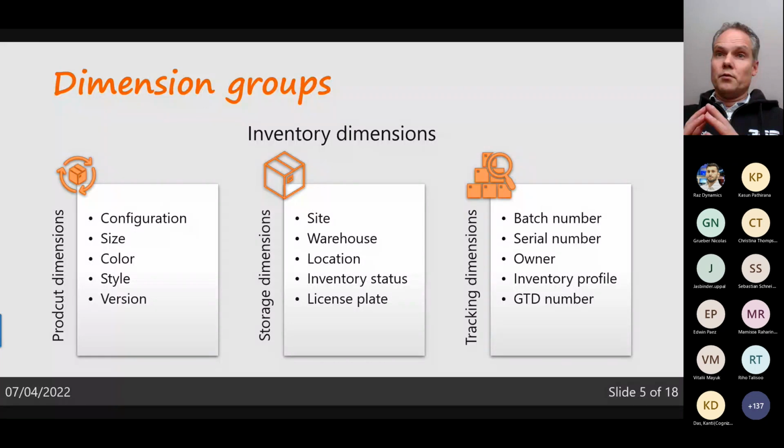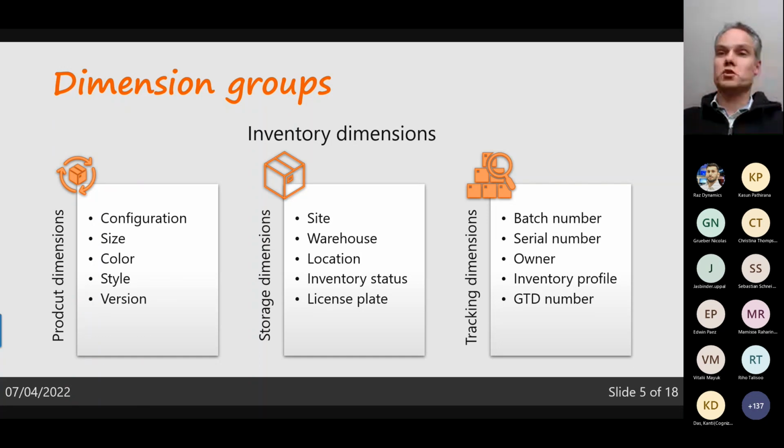For the storage dimensions, we have the option to set a site and a warehouse. For products, the site and the warehouse are always a minimum mandatory in the application, so you always have to use them. If you're not using them, then you can probably set up some default settings for a site and a warehouse. Next to the warehouse, there's also an option to specify a specific location within the warehouse, and an inventory status, which gives you the opportunity to set an availability status.